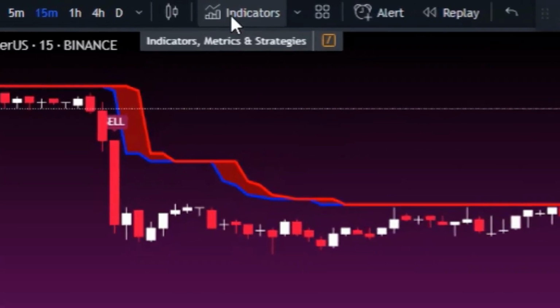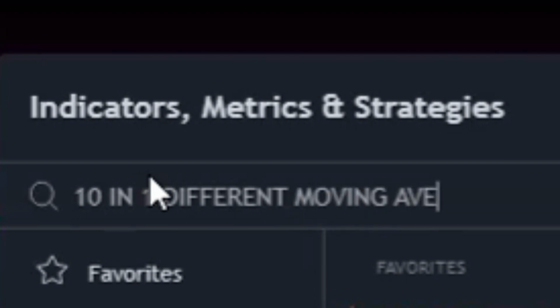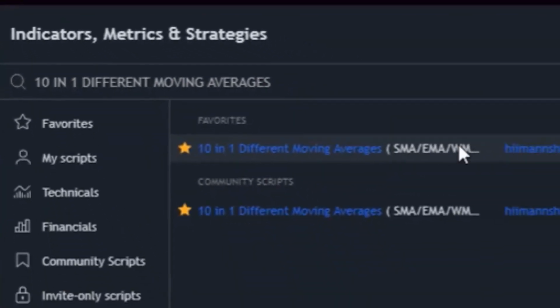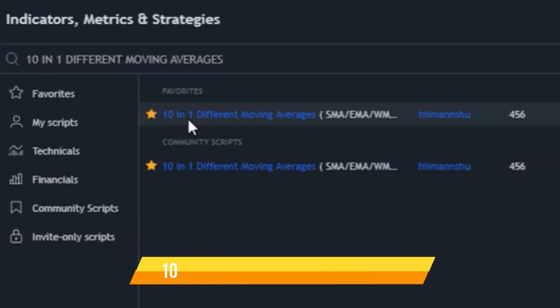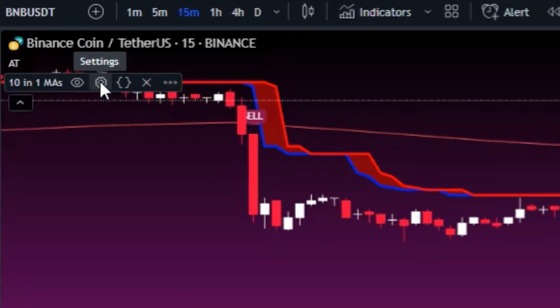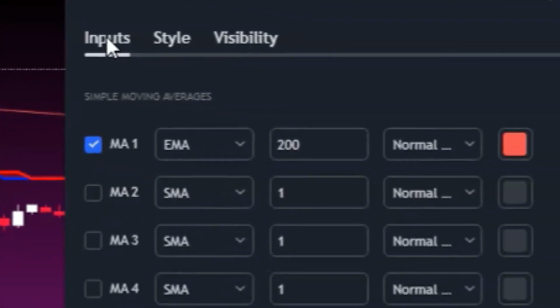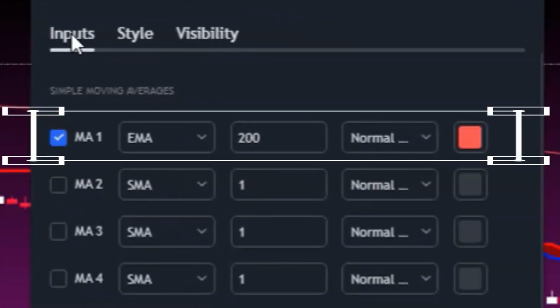In the next step, we should add the 10 in 1 different moving averages indicator to the chart. This indicator will help identify the overall market trend. Then go to the settings and change the method to SMA.